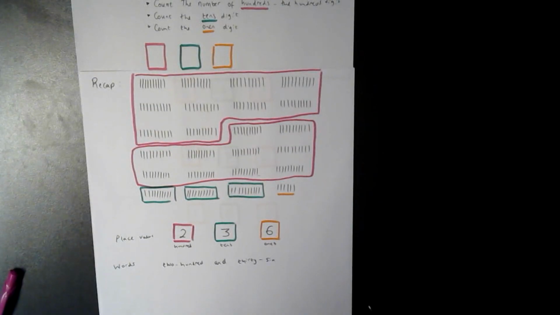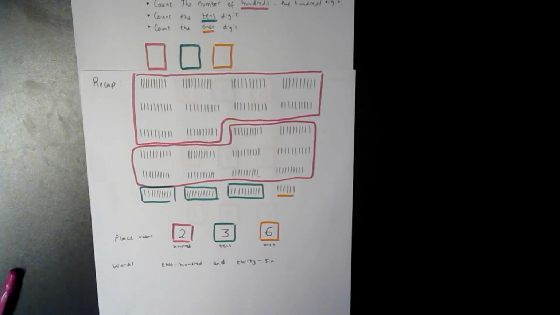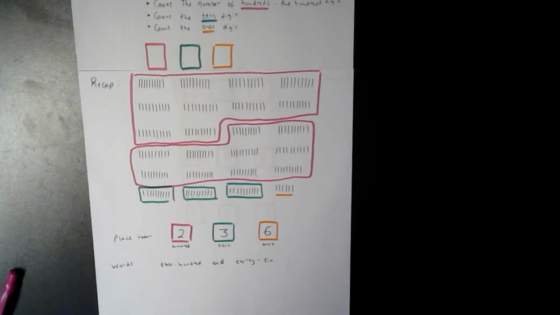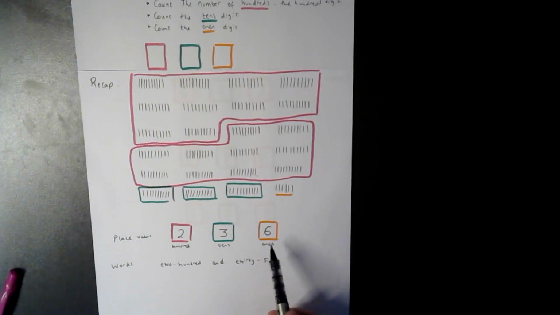So another way we can think about this representation is to think about the value of each of the parts, because we've got place value, which is 2, 3, and 6. But what does this 2 mean? What does this 3 mean? What does that 6 mean?